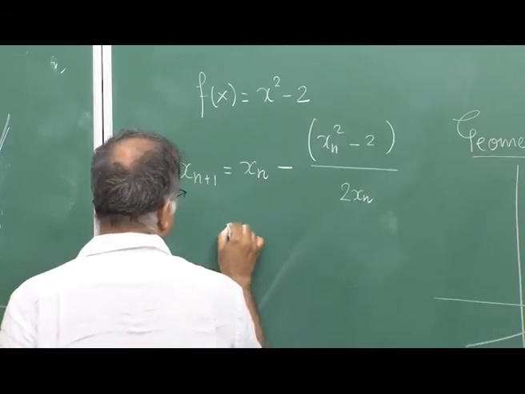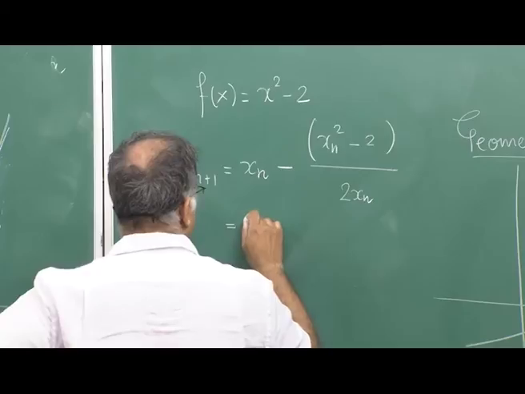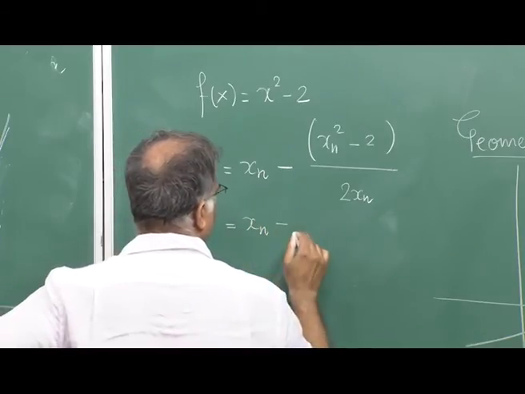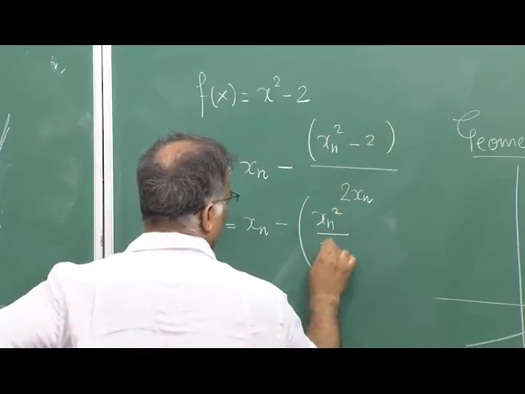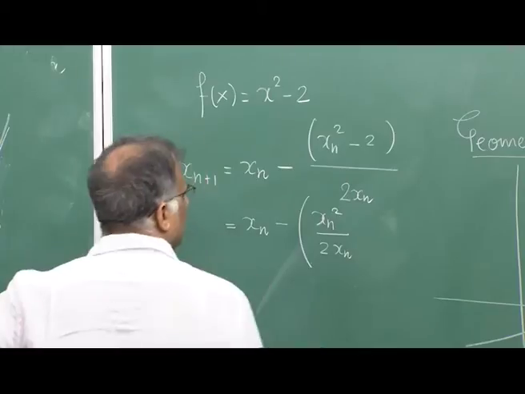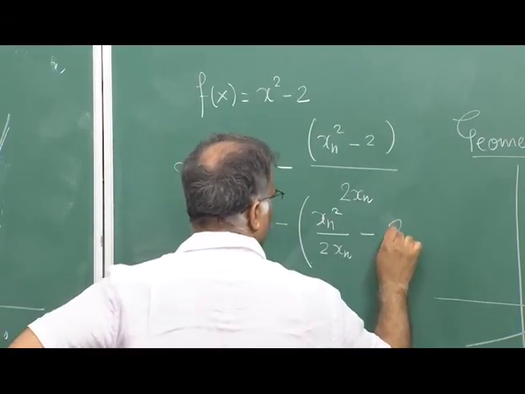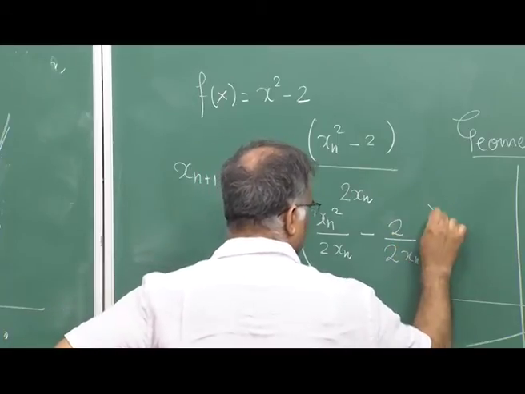So this is x_n minus x_n square by 2x_n minus 2 by 2x_n.